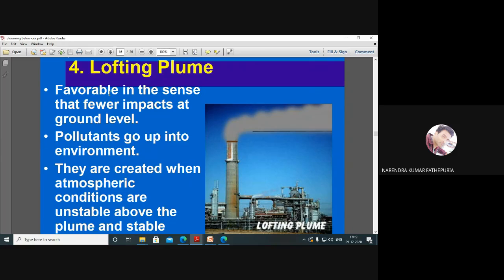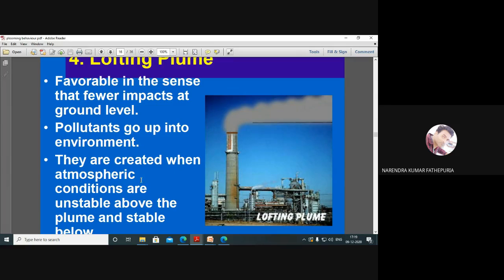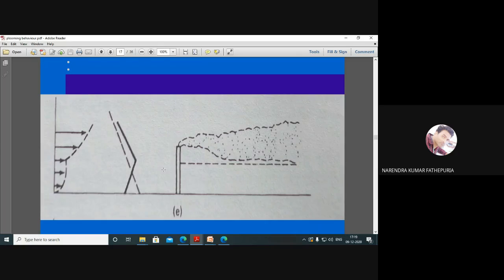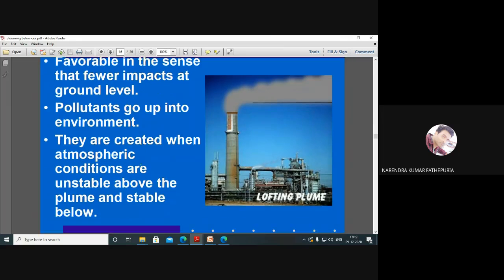So lofting plume is favorable in the sense that there are fewer impacts at the ground level; pollutants go up into the environment. They are created when the atmospheric conditions are unstable above the plume and stable below. So this is the condition for the lofting condition.